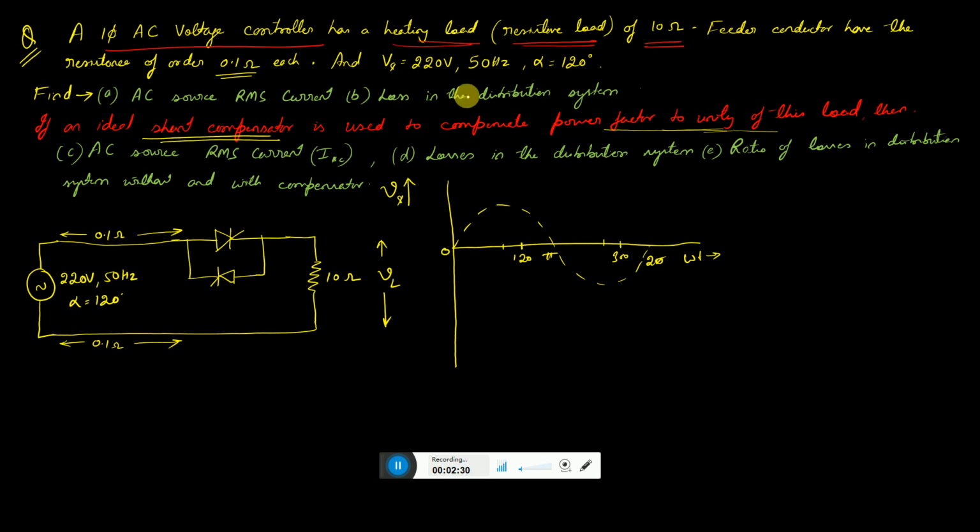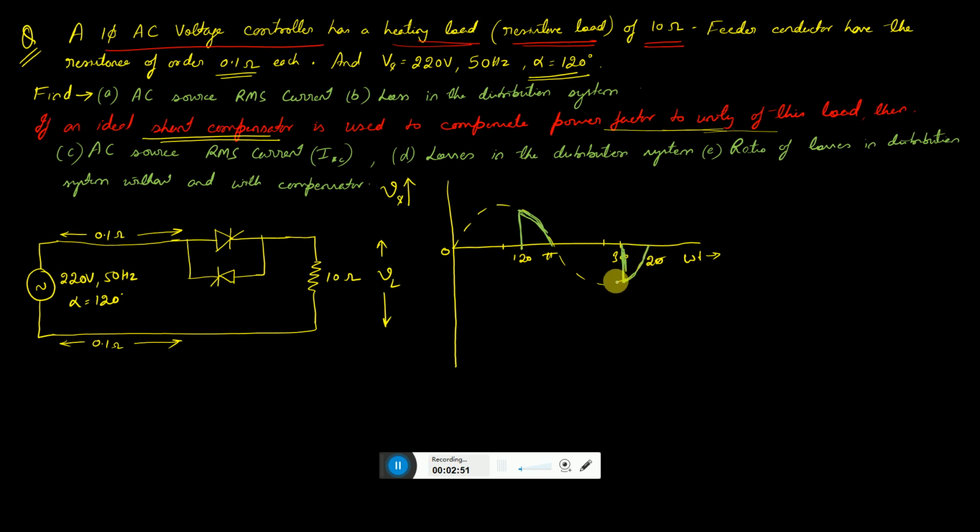It is said that alpha is equal to 120 degrees. So at 120 degrees the output voltage will appear, and after that it will follow the input voltage. So this will be the output voltage that you will be getting.